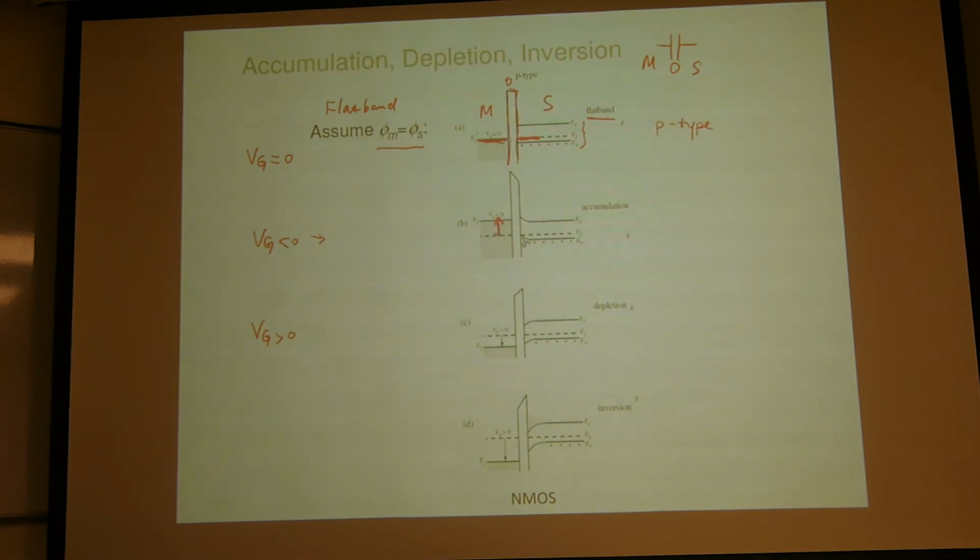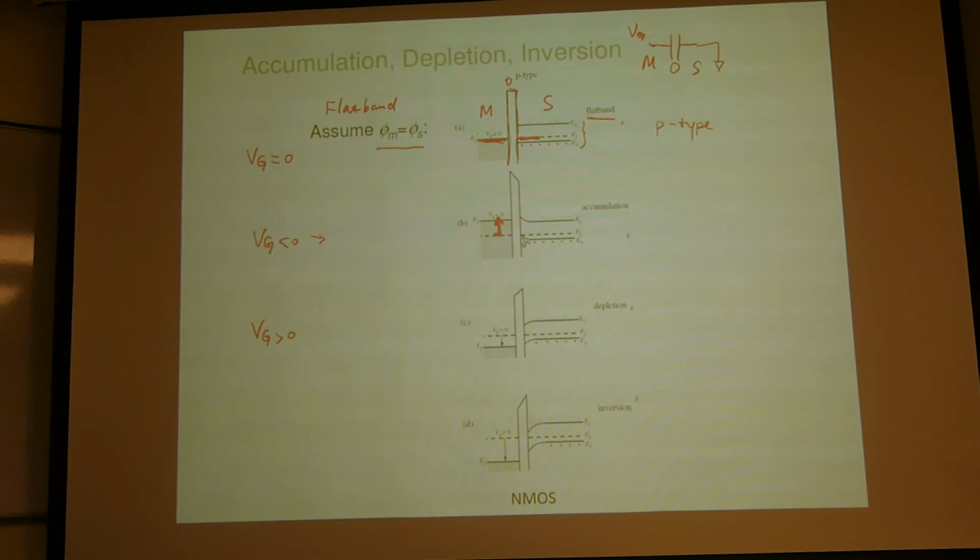So the Fermi level will be pulled up by this. Let's assume this side is grounded. Then you apply the gate voltage to the left. That means this end will be flat, no change, it's ground.